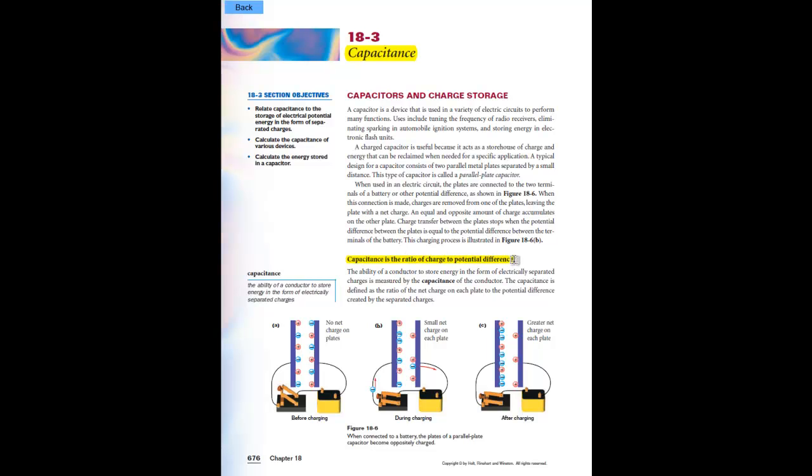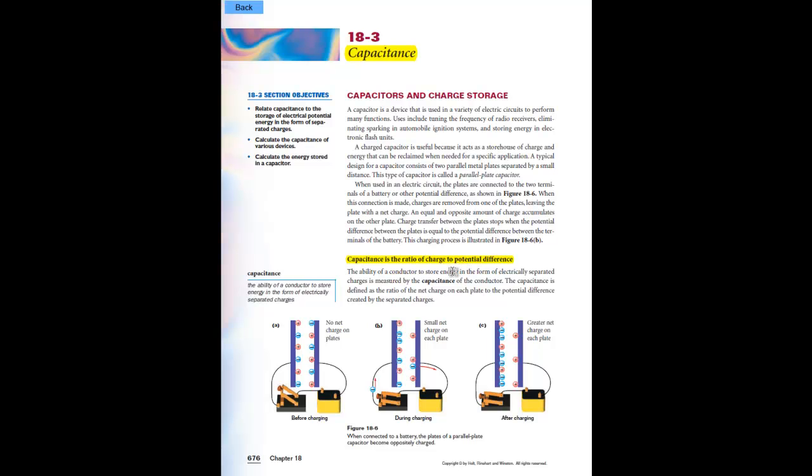So for something like you, given your conditions right now and assuming they don't change, you have dry skin and dry hair and your body composition is a certain thing, etc. If I exposed you to a potential difference, that would equal so much charge that your body would be exposed to, and vice versa. Expose you to so much charge, there would be a fixed potential difference that your body would experience. And it is a fixed ratio.